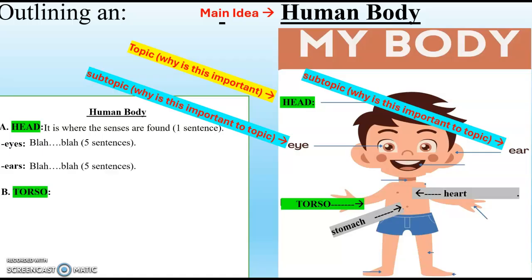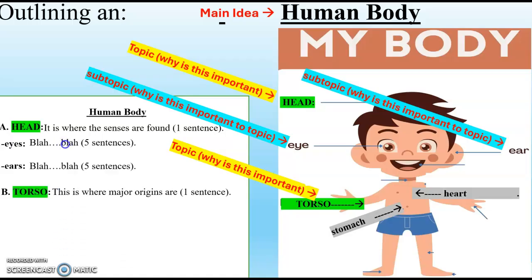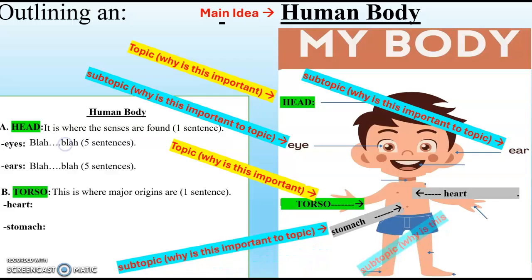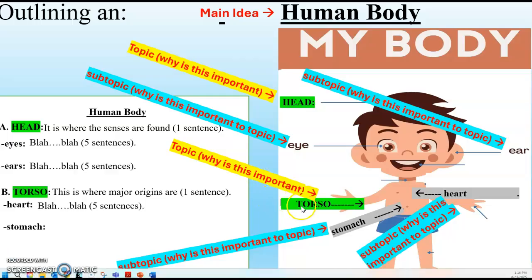Now, if we were to create a second topic, it would be the torso, and the 2 subtopics will be the heart and the stomach. You're going to tell me how the torso is important to the human body, also known as the main idea.